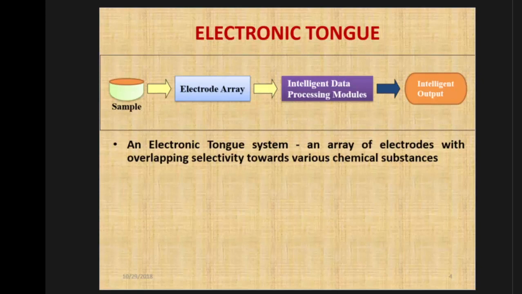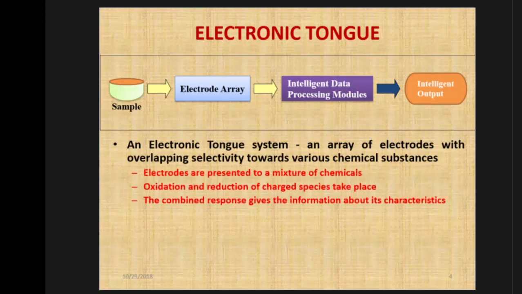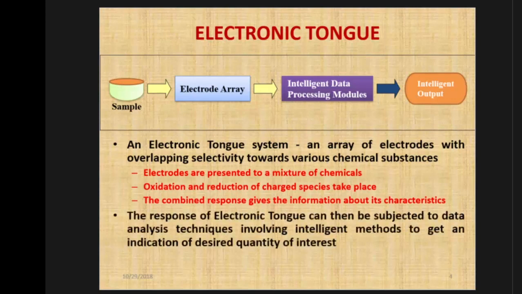The same philosophy has been applied here. An array of electrodes, electrochemical sensors, is used, and when they are presented to a mixture of very complicated chemicals, a chemical matrix like what typically comes from a natural source, some oxidation reduction of charged species takes place, and the combined response gives the fingerprint of the sample being analyzed.